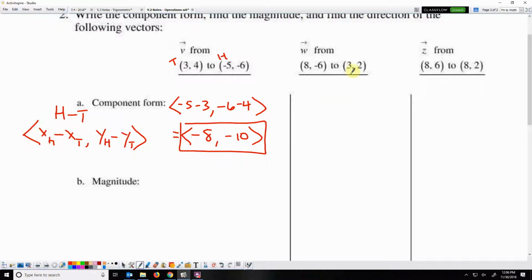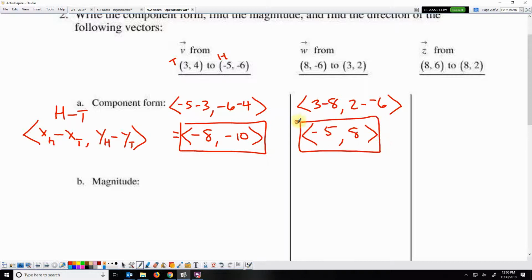We'll move on to the next vector, head minus tail, x components 3 minus 8, y components 2 minus -6. 3 minus 8 is -5. 2 minus -6 is 8. And our last one into component form, x minus x is 8 minus 8.